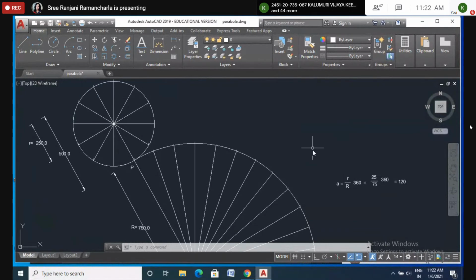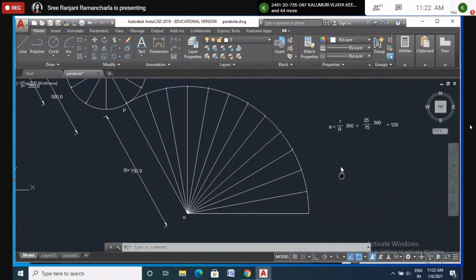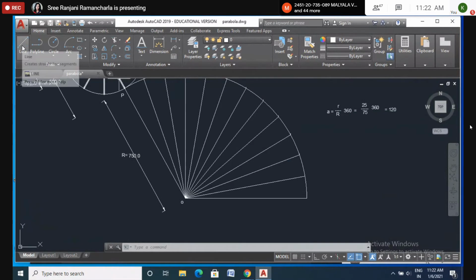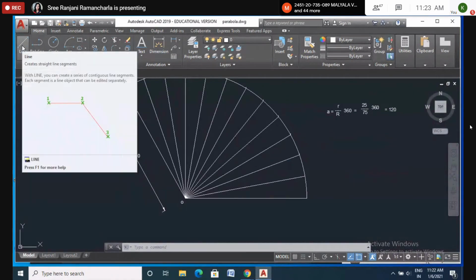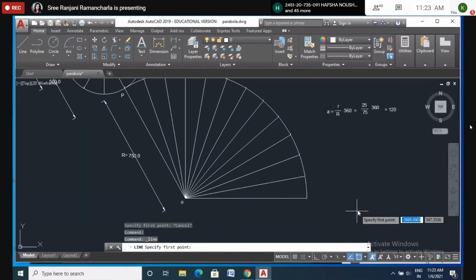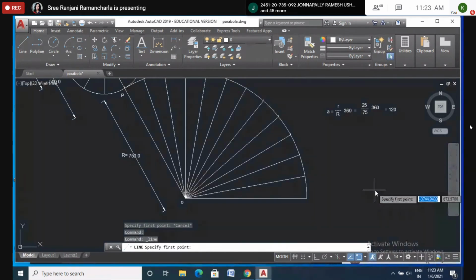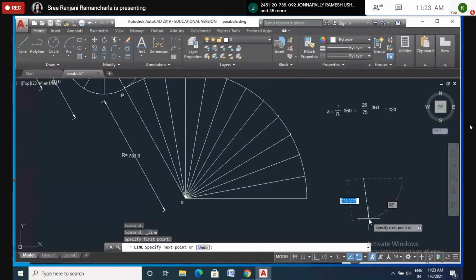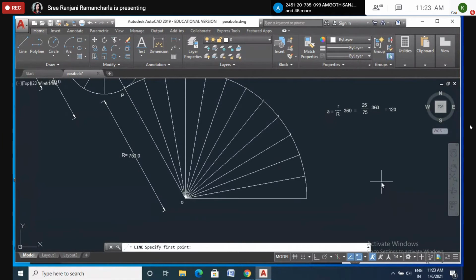Now here you please extend this line by 5 centimeter. Extend this line by 5 centimeter.